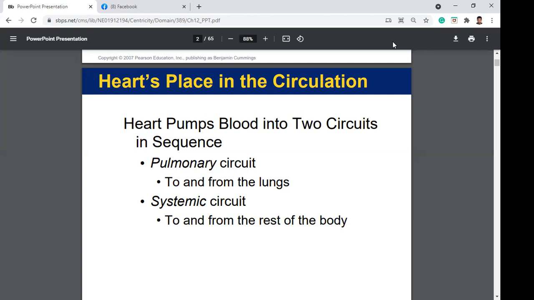Then we also said that the whole circulation, both pulmonary and systemic, can you explain the whole circulation for me, starting from the superior and inferior vena cava?